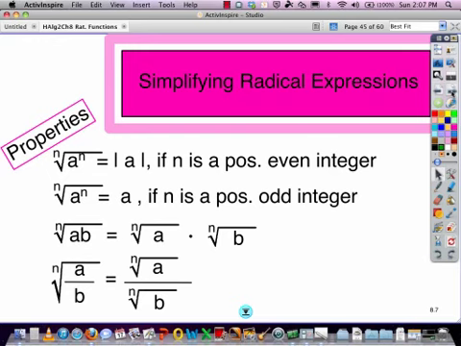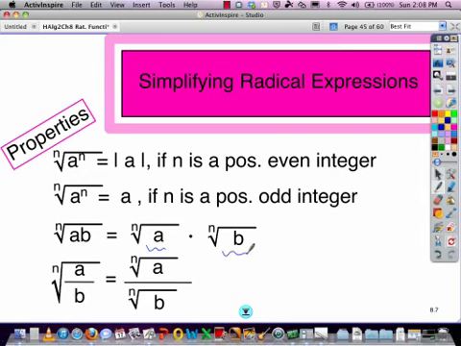Then we have the multiplication of a root, and that is to help you break things down. You can always subdivide that root into other possibilities, and so you can take factors of that number. So if there's a number underneath a root, you can break it up into two smaller factors, an a value and a b value, anything that multiplies that would be helpful for you to simplify.